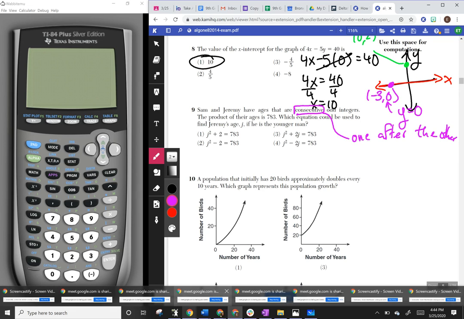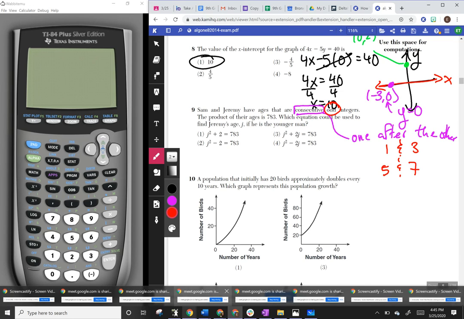But this is special. This says consecutive odd integers. So now they want odd numbers that are right next to each other, like 1 and 3, or 5 and 7. Those numbers are right next to each other, with just one even number in the middle. So we're skipping the even number.